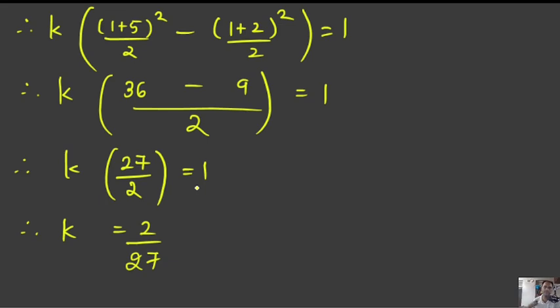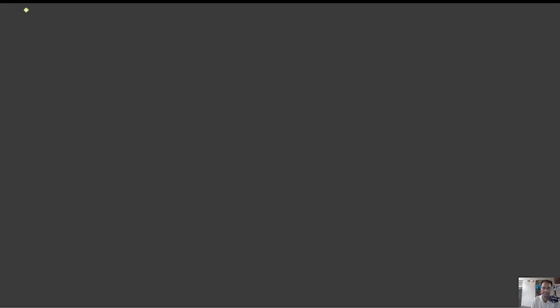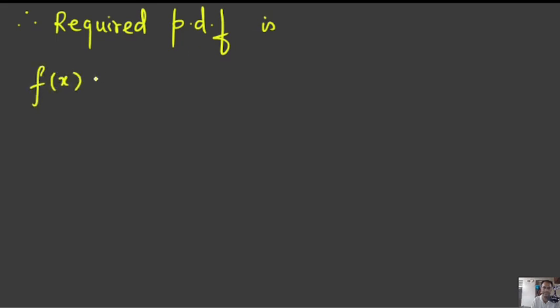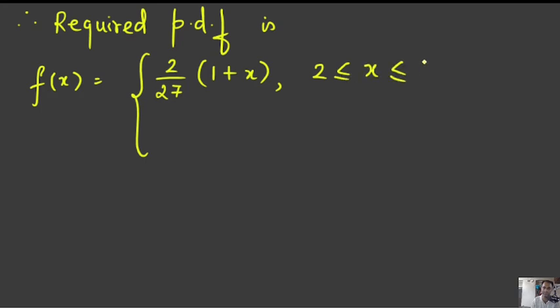Now that you have got the value of k, it is good practice to rewrite your required PDF. So the required PDF is f(x) equals 2 over 27 times 1 plus x for 2 less than x less than 5, and 0 elsewhere. This is the required PDF.